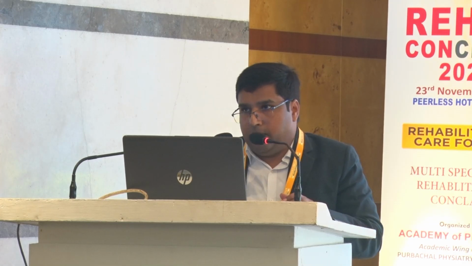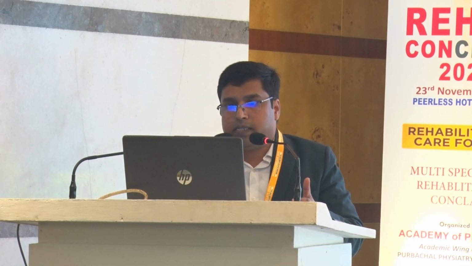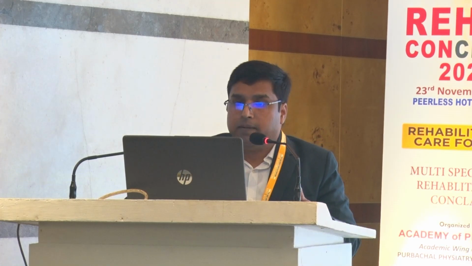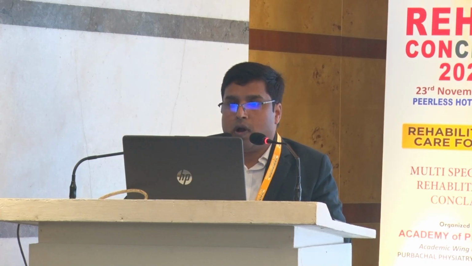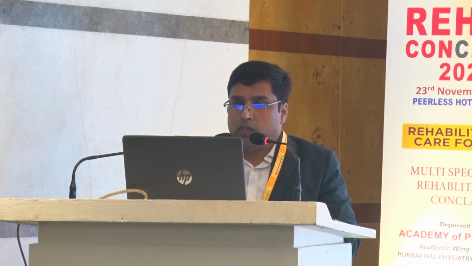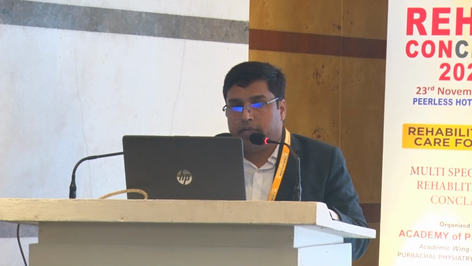So my presentation is based on the tennis player having overuse injuries. The shoulder is subjected to high loads during the serve in tennis, where it is abducted to 140 to 160 degrees and rotates at a rate of up to 2400 degrees per second.